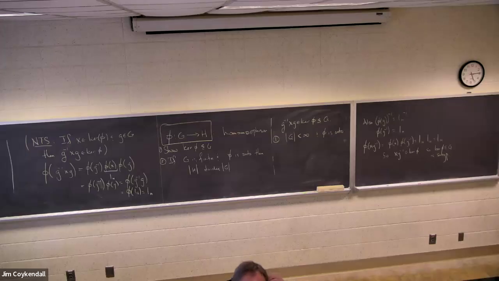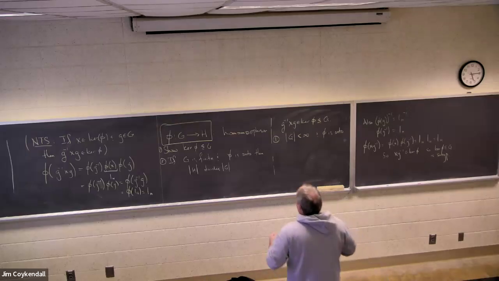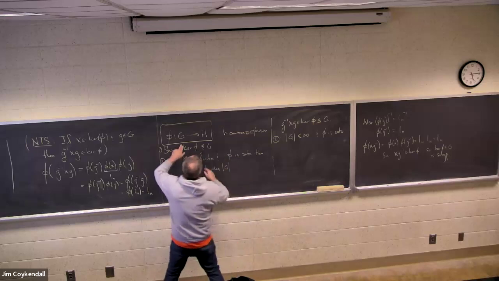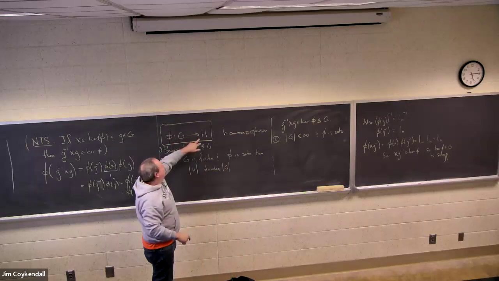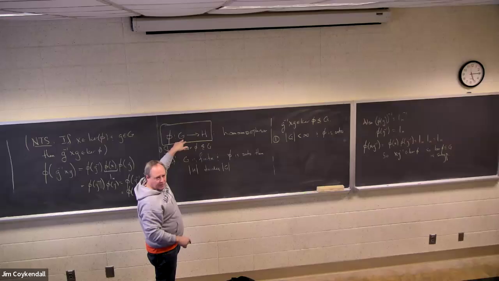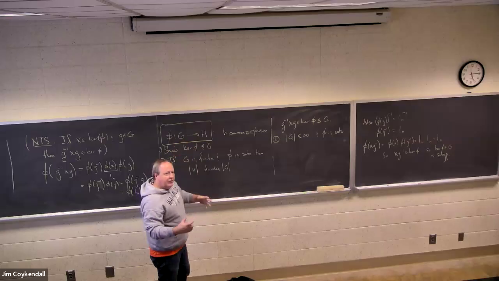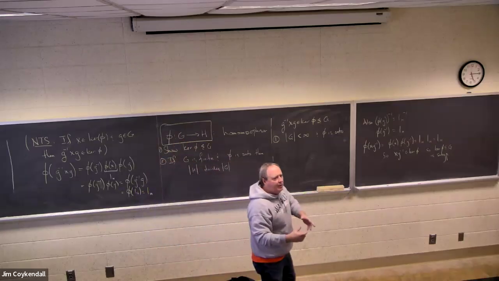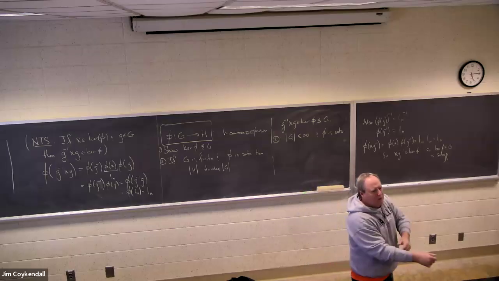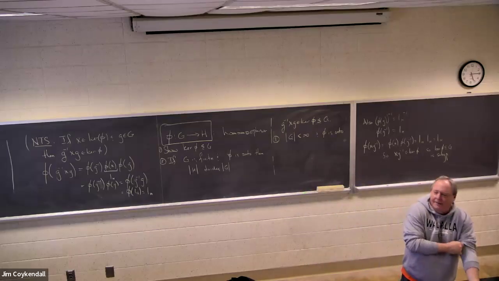Yeah. I mean, that would be. Here's a problem though. You're sort of right. The problem is this is a homomorphic image, right? So H is not necessarily a subgroup of G, right? Lagrange's theorem says if you've got a subgroup of G, then the order of the subgroup divides the order of the group if they're both finite, right?